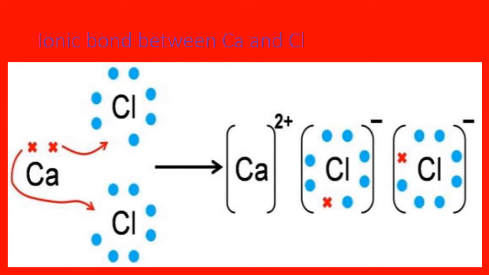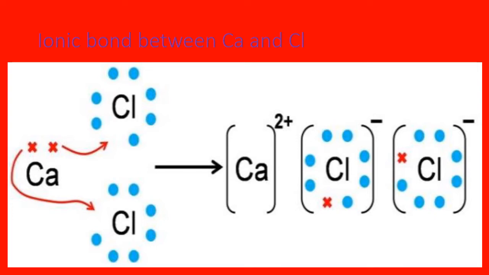So one calcium atom cannot become stable by giving 2 electrons to chlorine, because chlorine will not accept these 2 electrons. It needs only 1 electron. So one calcium atom needs 2 chlorine atoms to give one electron to each of them.